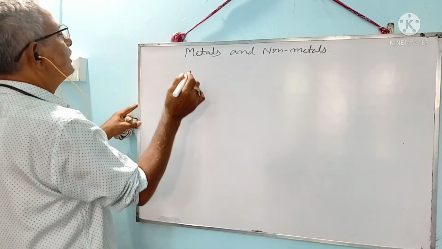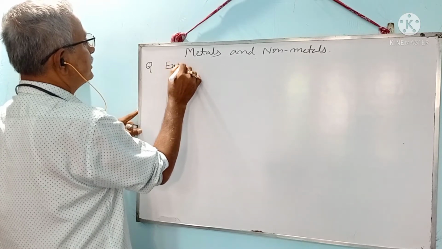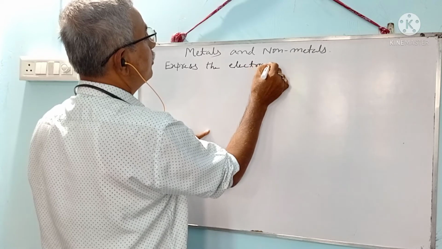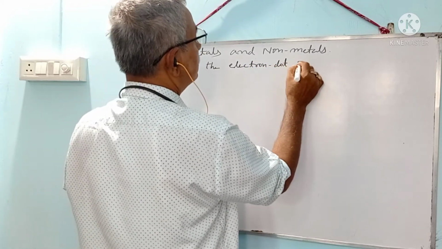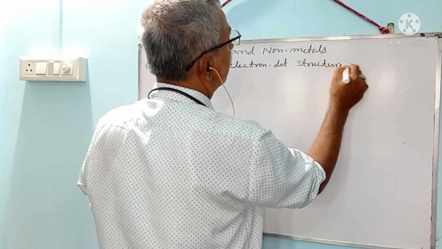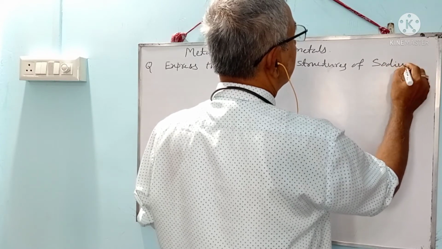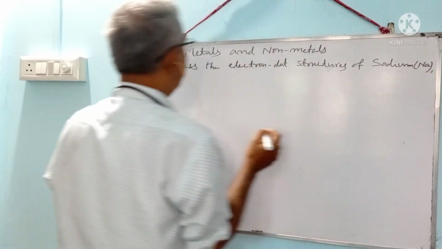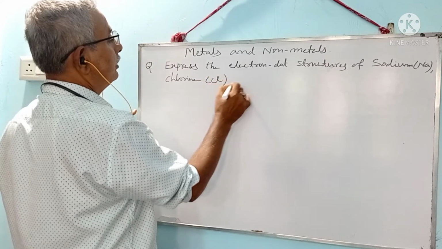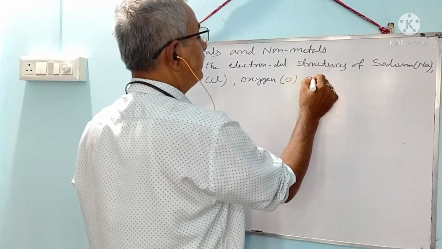Here you see one question is there, where you have to express the electron dot structures of sodium, chlorine, oxygen, and magnesium.